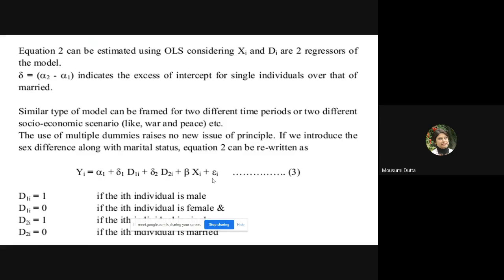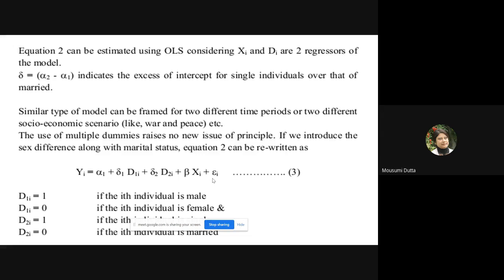Now there are four possibilities, since I have increased one more binary context, the gender context I have incorporated. Basically I have four equations, that is married girl, married boy, unmarried girl, unmarried boy, so we have four categories now.